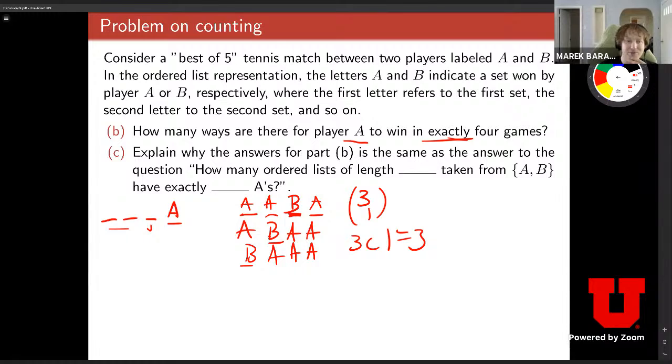Then does someone want to tell me why this is the same as, well, let's just fill in the blanks here. How many ordered lists of length 4 taken from the set with A and B in it have exactly 3 A's? Does anyone have an idea on that?